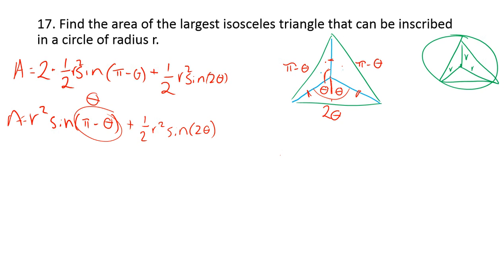And so when we take the derivative of this, we get r squared cosine of theta plus r squared cosine 2 theta is equal to 0. Okay. And so that's just how it works out, and that's our derivative.